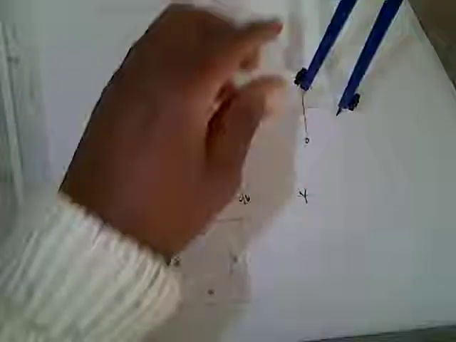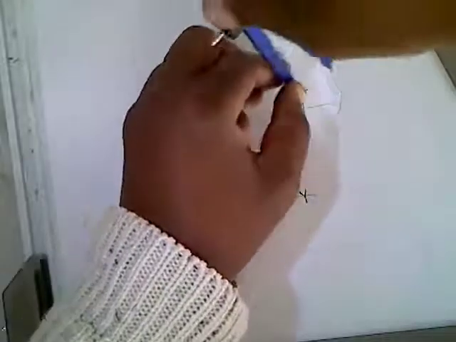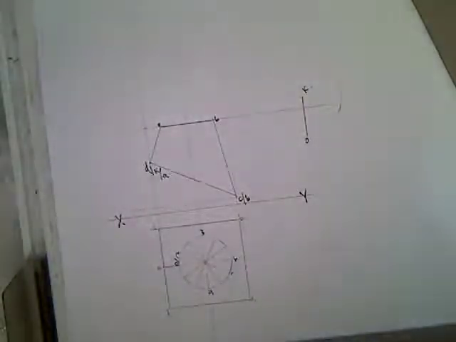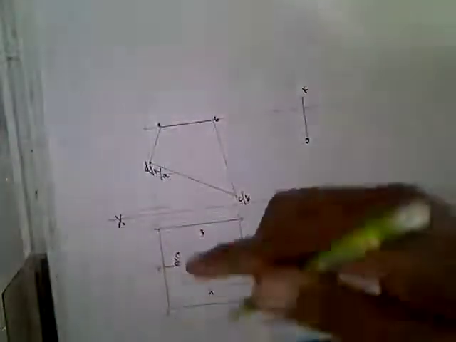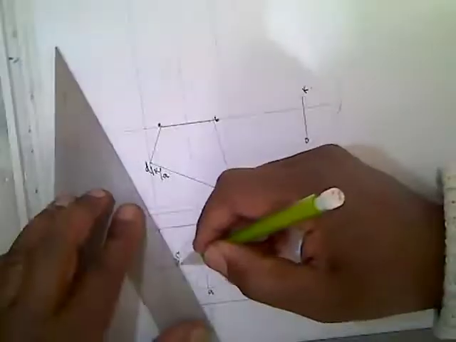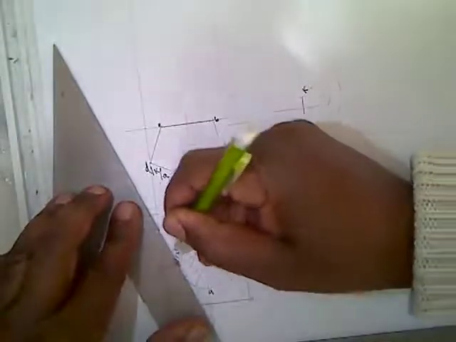Now I'm transferring from K. I'm looking for A. A will be somewhere here. I don't know where. I am using a method that they call the method of triangulation. Triangulation means you make triangles. So how do I do that? From 0, I must go to A. I'll go with you on this one.